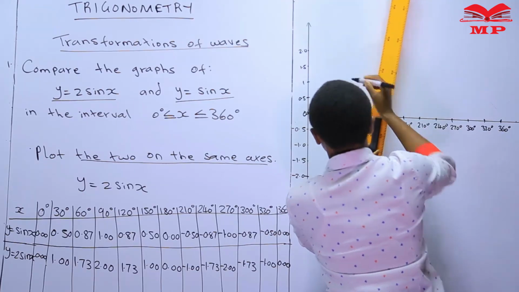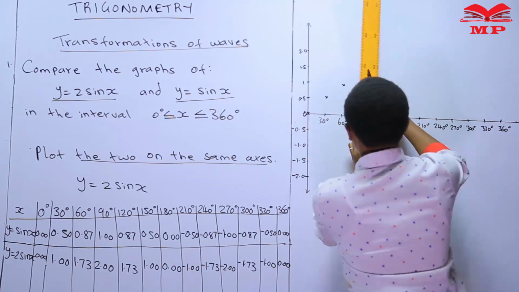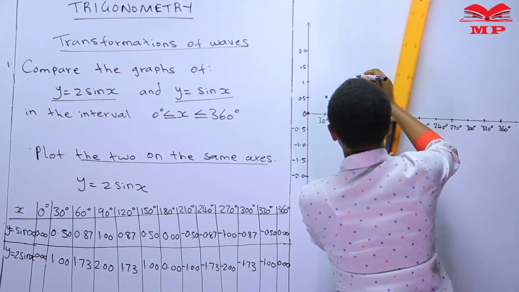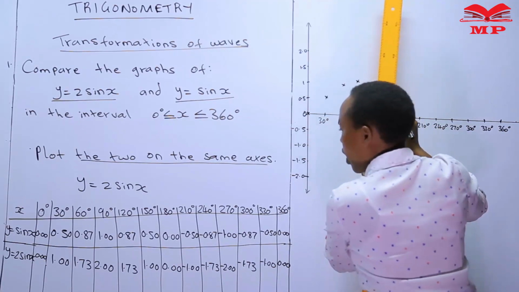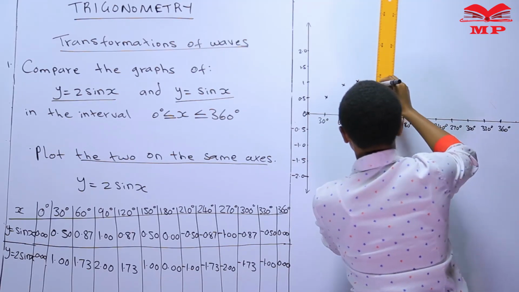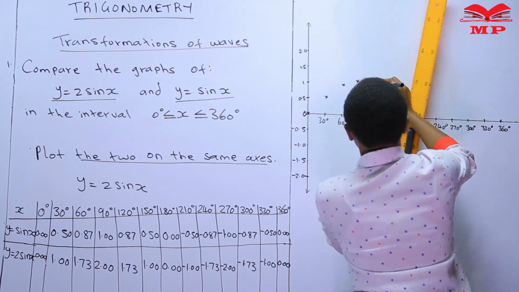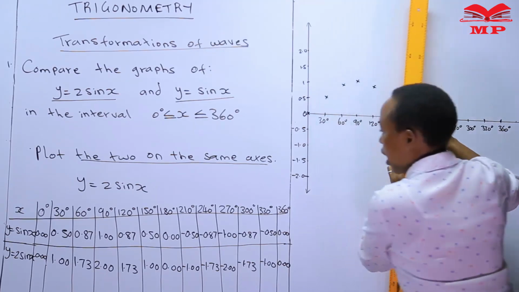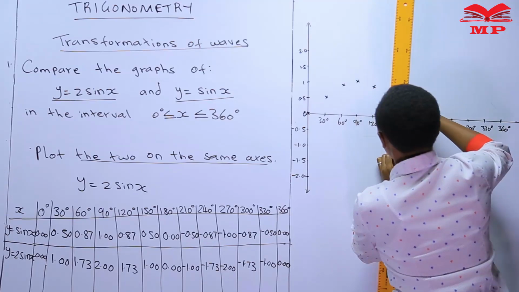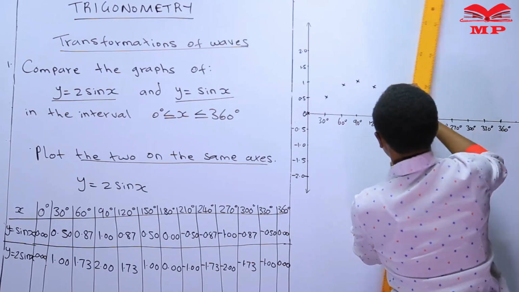Then we have 90, we have 1 here. Then we have 120, 0.87, it's there. Then we have 150, we have 0.5, which is here.